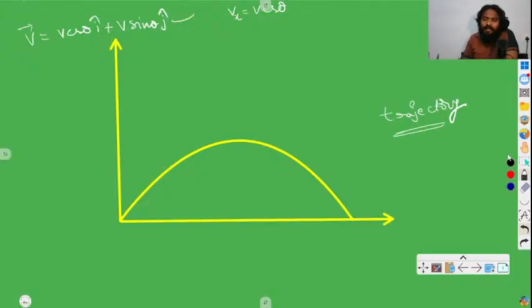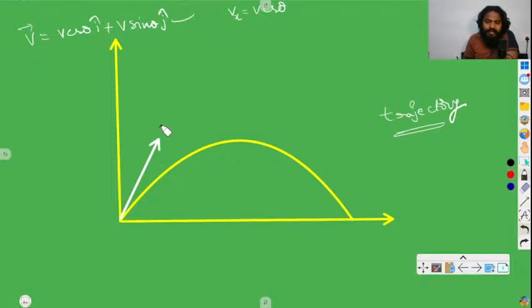So here what we have done is we have projected an object with u velocity, right? This is the initial velocity u.